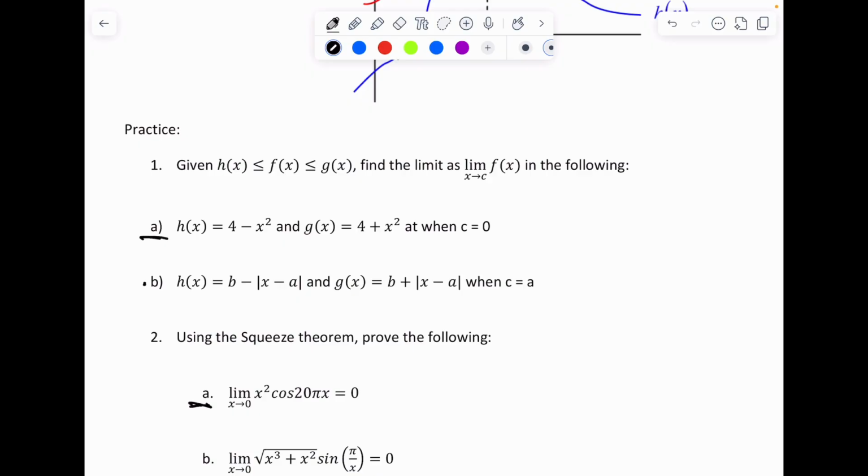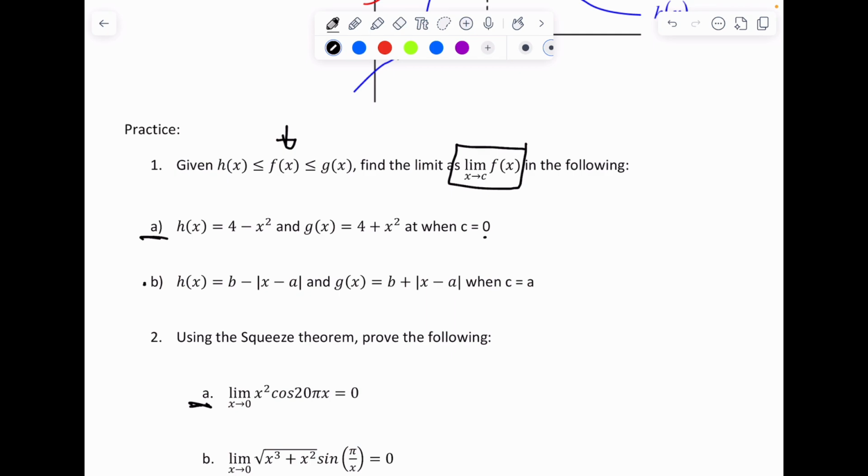Okay, so in this first example, we see that f of x is in the middle, is sandwiched, is squeezed between h of x and g of x. So we want to find the limit as x approaches c of f of x. In our first example, c is 0.